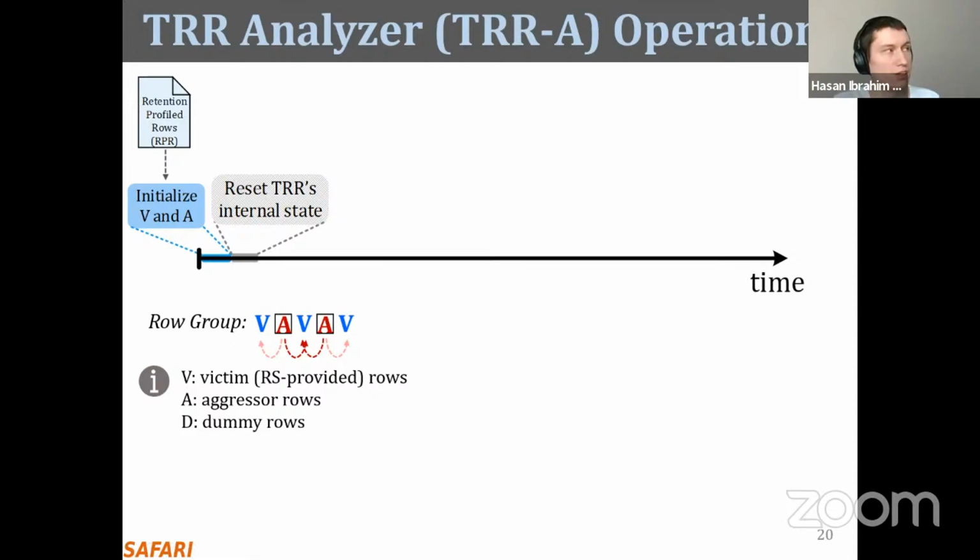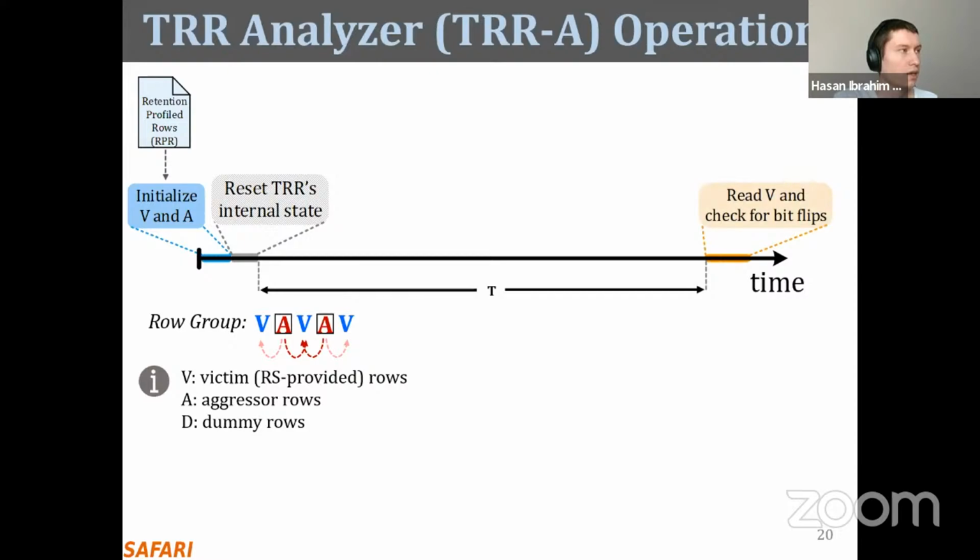We activate each row only once here, but depending on how the TRR mechanism detects aggressor rows, it is still possible that these victim rows and aggressor rows, or some of them, will be detected as aggressor rows, even if we activate them only once, right? But in this reset step, we can activate some other dummy rows many times in order to make the TRR mechanism forget about these rows that we activated here.